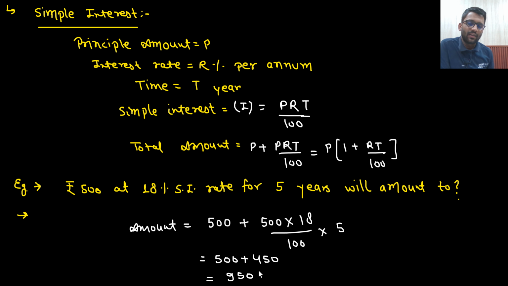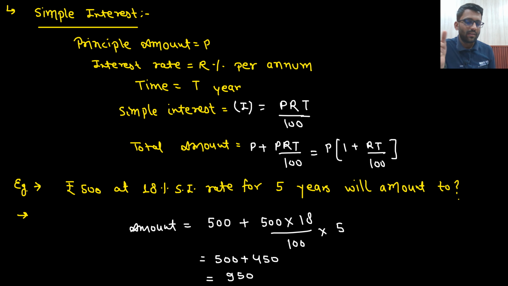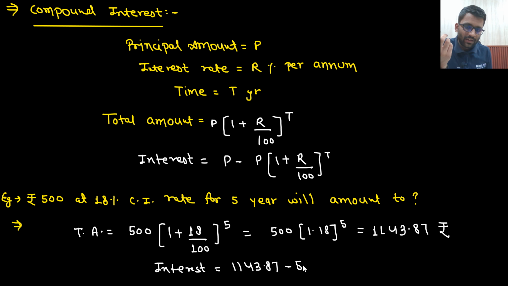Here you were getting 950 rupees only, but here you are getting more. So in compound interest you always end up getting more rupees if the interest rate is the same. Here the interest rate was the same, but you are getting more rupees. 1143.87. And if they were asking what the interest is, the interest will be 1143.87 minus 500. So the interest would be 643.87 rupees.